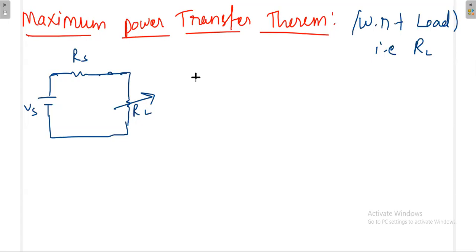To know the maximum power, first, the power formula: you should know what is VL and what is IL. Then under what condition is the maximum power transferred? When the power is maximum, the voltage may be maximum but the current may not be maximum, because the relation is different, V is equal to IR.